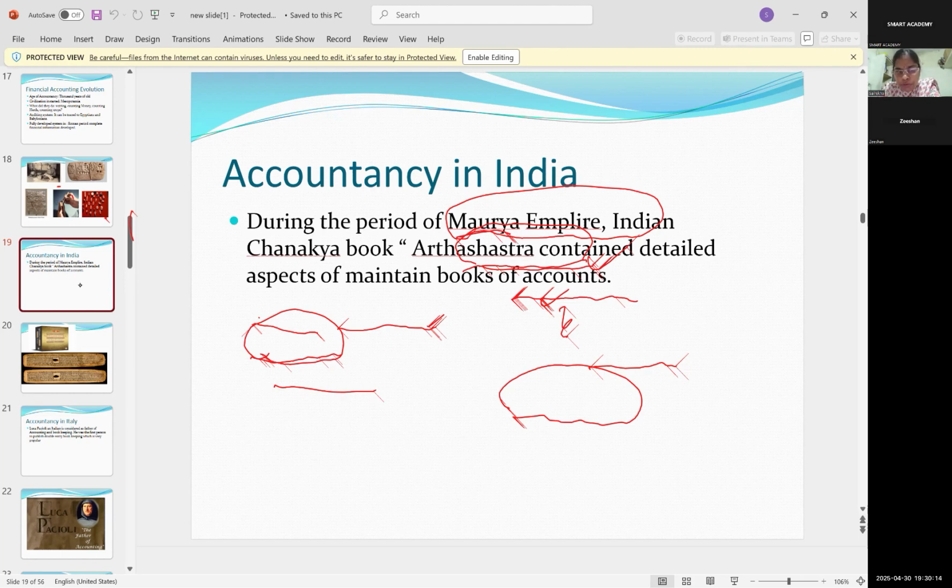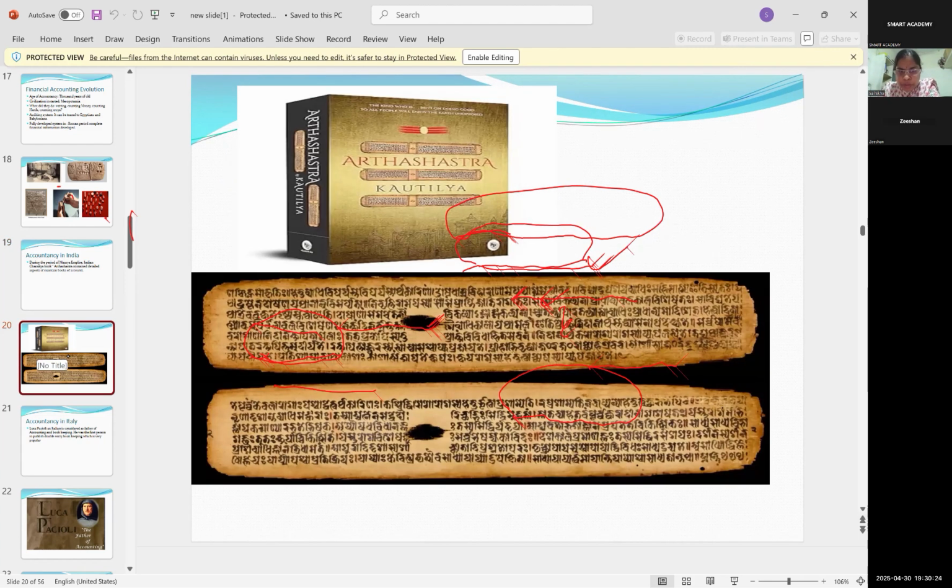It is a book of accounts. He was the first person to bring accounts into our country, and this is how it used to look. This is how he wrote all the rules and regulations. Now till here, have you understood? Yes, ma'am. I got you.